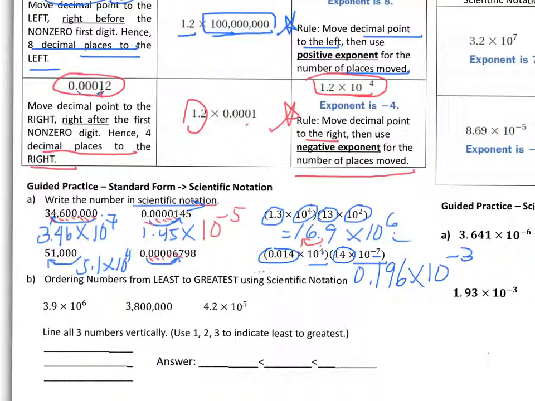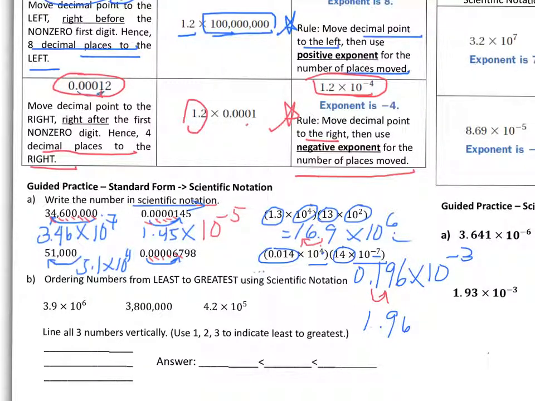Again, we need to shift this decimal to the right 1 place because we want that decimal to land right after the first non-zero digit.